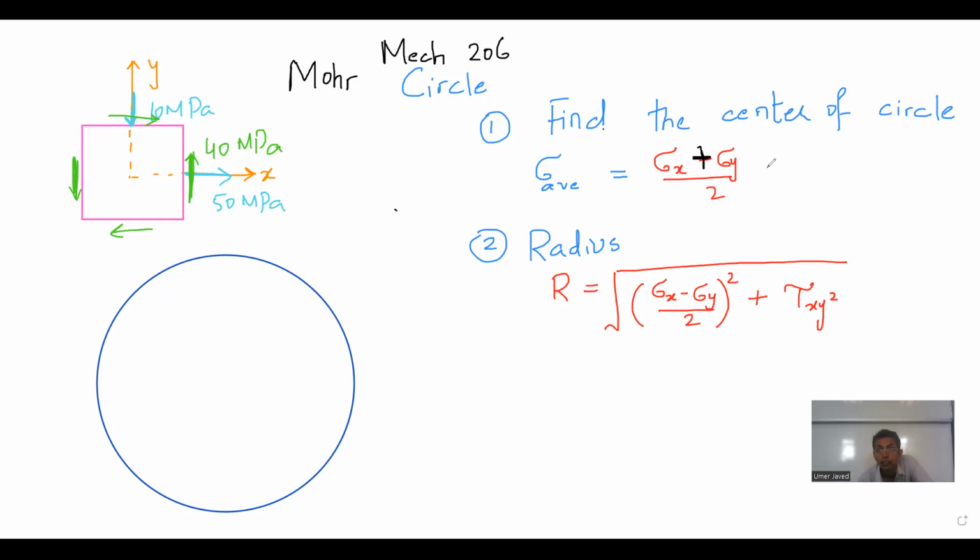One of the students said it will be 50 plus minus 10, 40 divided by 2. So it will be 20 in our case, because the formula is stress X plus stress Y divided by 2, and stress Y is negative. So 50 minus 10, 40 divided by 2. The radius formula is correct.